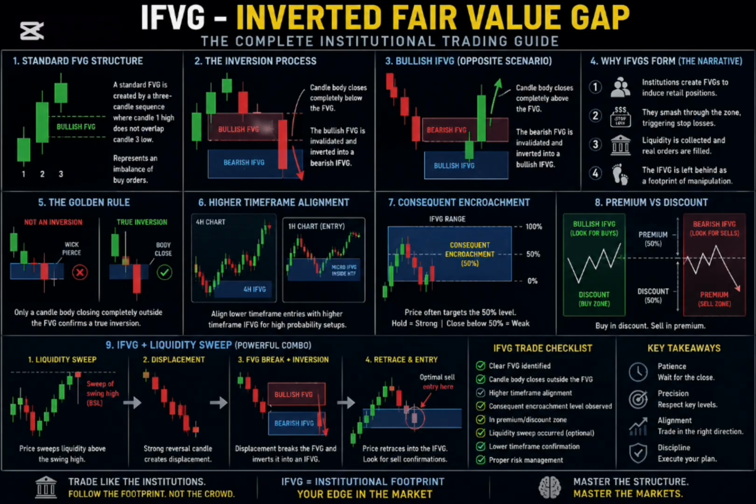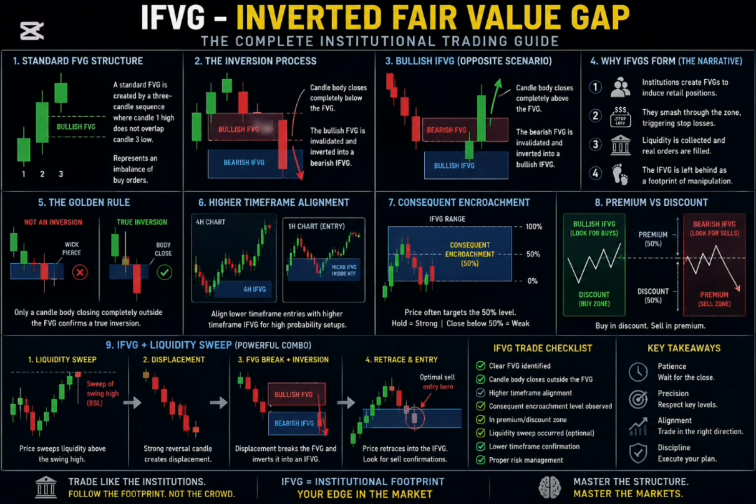This tells you that the institutional sellers have been completely overwhelmed by massive buying power. The bearish fair value gap has now been breached, invalidated, and successfully inverted into a bullish inverse fair value gap.